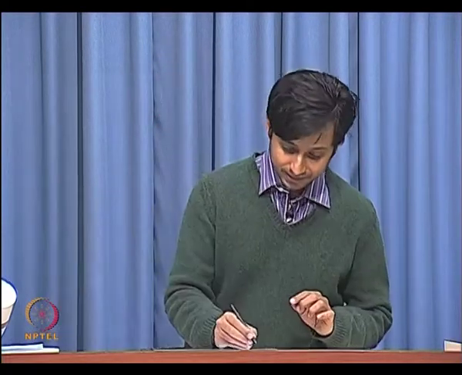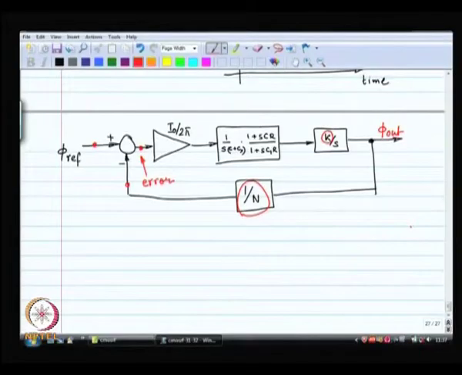You have got an error signal, the job of the feedback loop is to make sure the error is as small as possible, which means that of these 2 points, one is phi ref, the other should be an estimate of phi ref, which means that phi out is now going to be equal to n times phi ref.